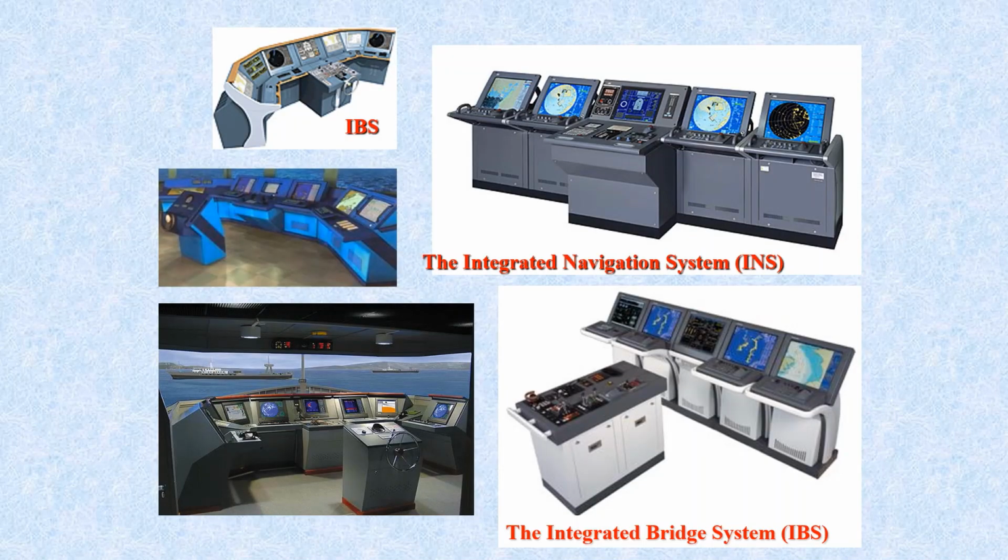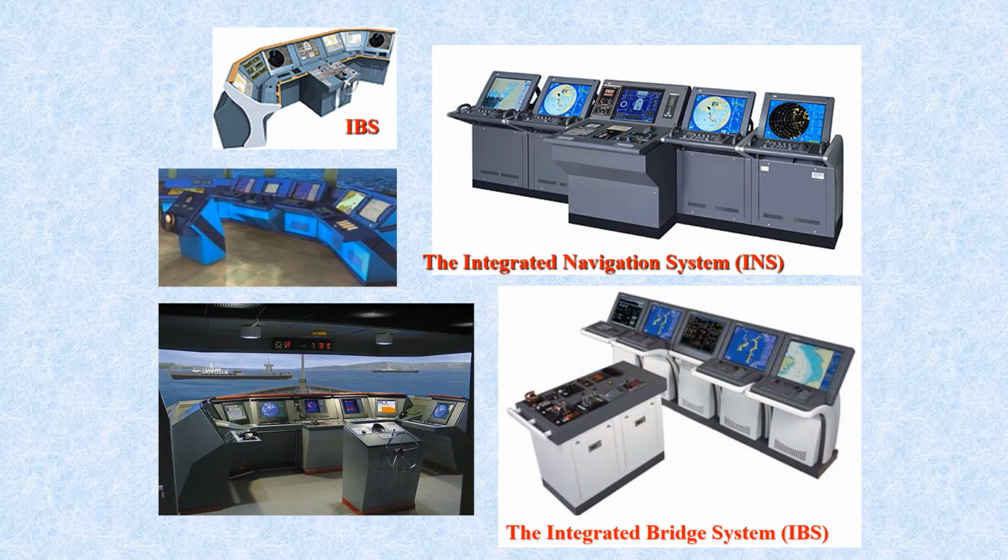Lastly, I would talk about the integrated bridge system, which is a combination of equipment and software using interconnected controls and displays to present a comprehensive suite of navigational information to the mariner. The IBS generally consists of a dual ECDIS installation, one serving as a master and another as a backup, and a route planning station.